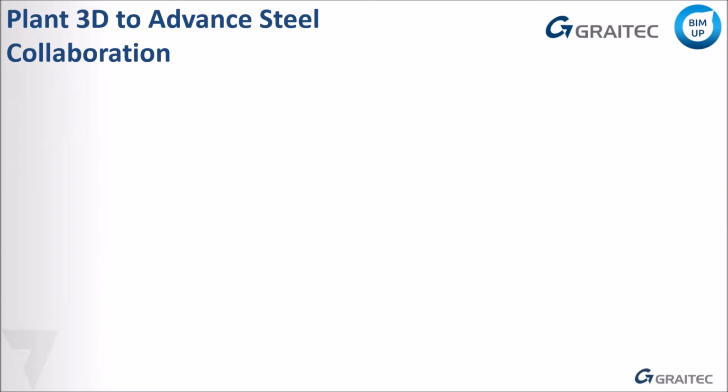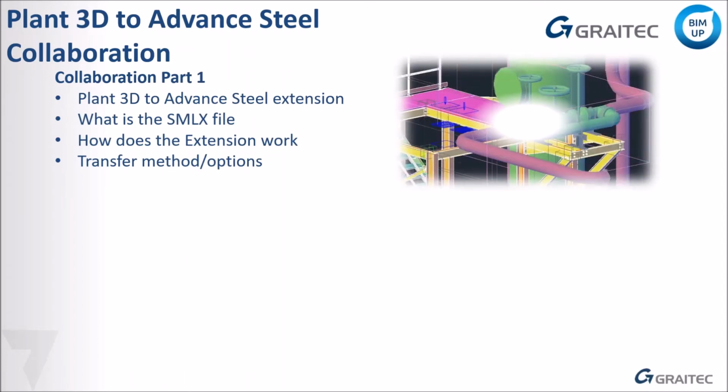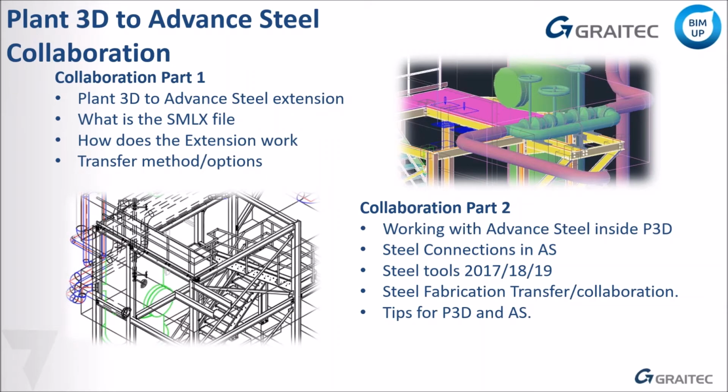So we're going to come now into the main topic for today's conversation, which is Plant 3D and Advanced Steel. Quite a few years ago, Autodesk purchased Advanced Steel. Through the transfer file technology they have and the object enabler technology, this enabled us to have a closer working relationship with the Plant 3D environment.